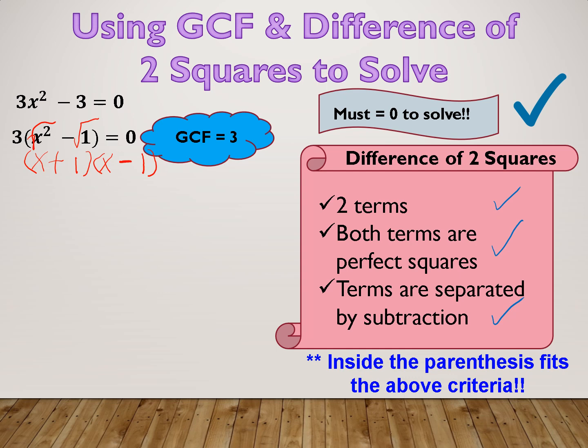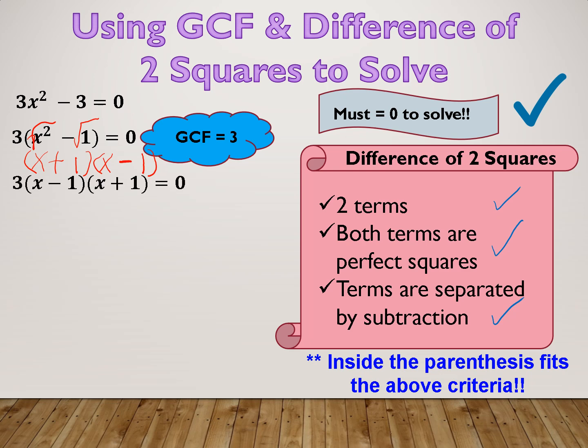And you're like, but wait, isn't that going to produce a middle term? Well, let's talk about it. X times x is x squared. The outer term is x times negative 1. So that's negative x. The inside is 1 times x. So that's x. So negative x plus x, well, that's 0. It goes away. And then 1 times negative 1 gives me negative 1. Okay, and that's how I factor the inside.